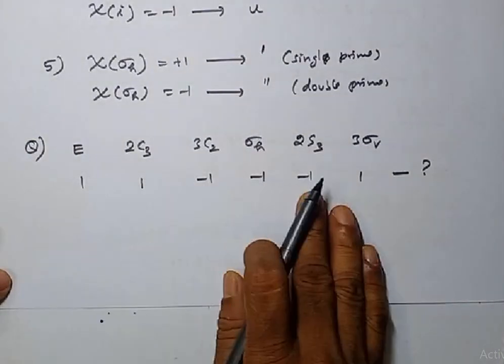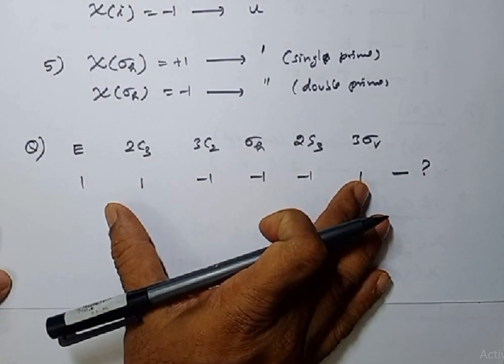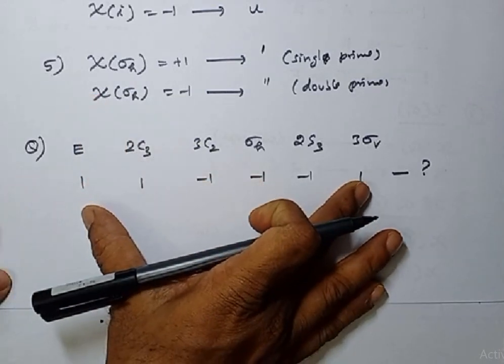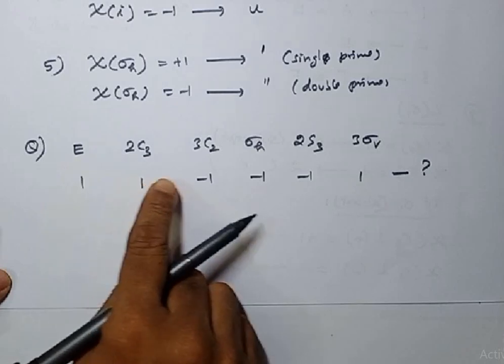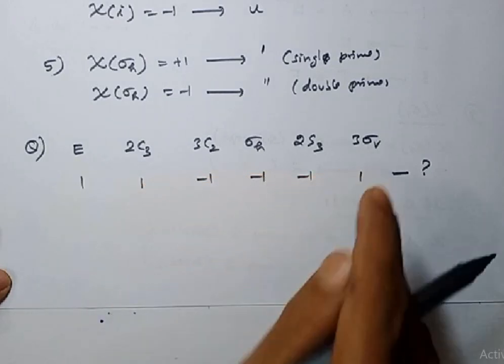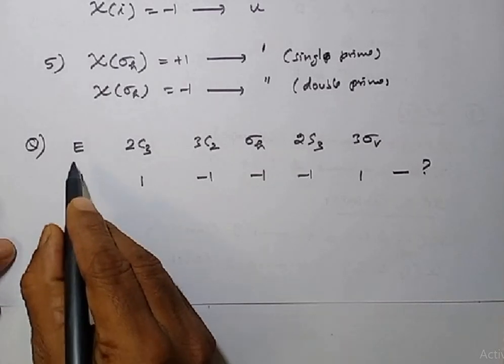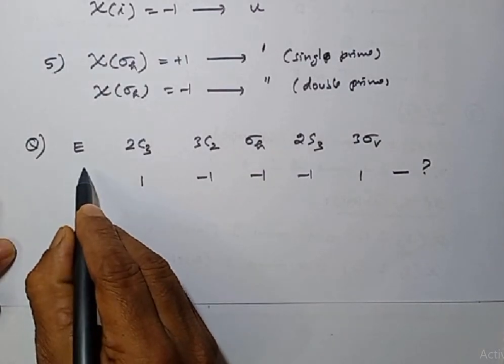Here I have given a question. Try to identify the Mulliken symbol for a particular irreducible representation having these characters: 1, 1, -1, -1, -1, 1. What is the Mulliken symbol? First step, see the character of the identity operation.